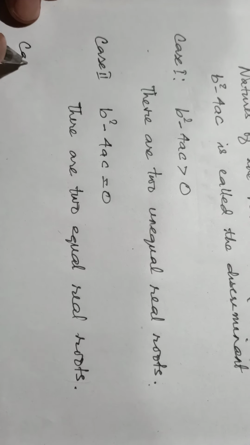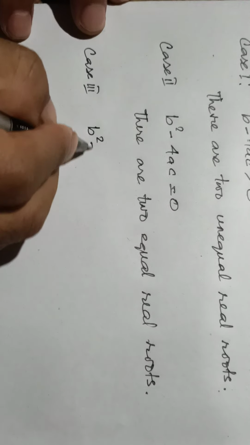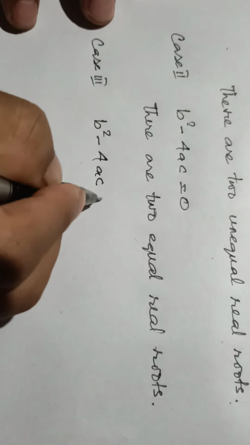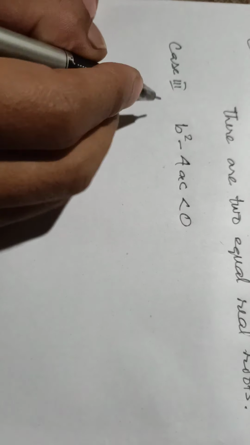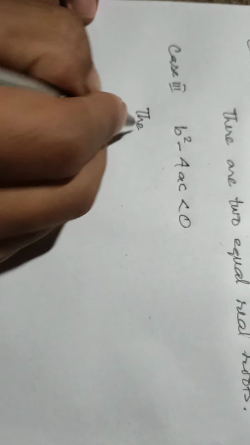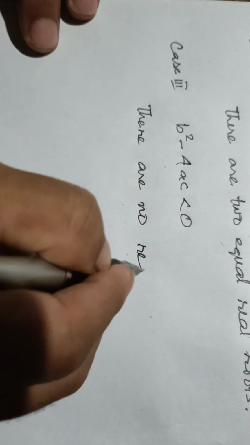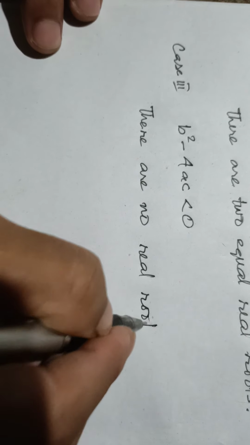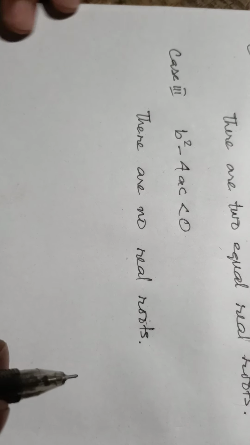Then for case 3, the last case, b² − 4ac less than 0. If the value of the discriminant b² − 4ac is less than 0, there are no real roots. So far we haven't discussed the square root of a negative number.